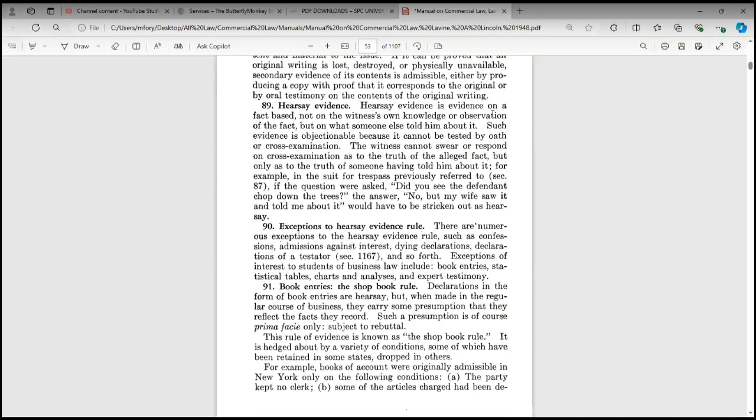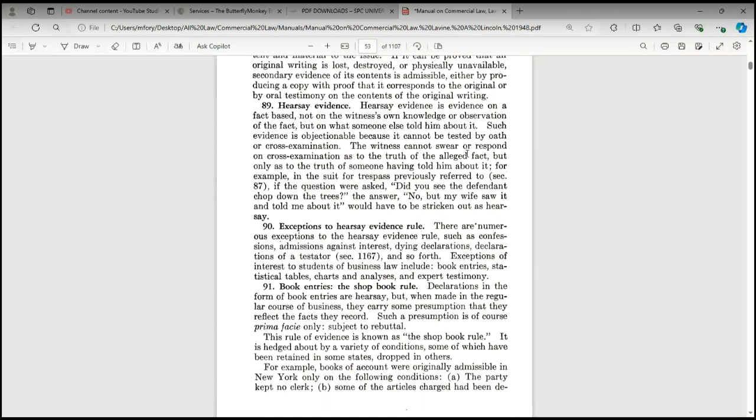Hearsay evidence is evidence of a fact based not on the witness's own knowledge or observation of the fact, but on what someone else told him about it. Such evidence is objectionable because it cannot be tested by oath or cross-examination.